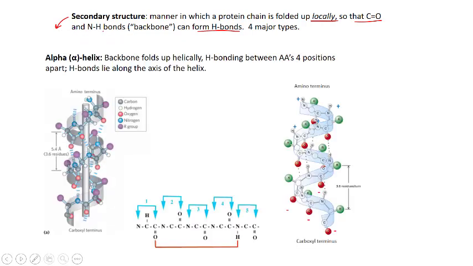All right, let's look at the alpha helix first. The alpha helix is what you get when the backbone folds up helically and the hydrogen bonding is between amino acids 4 positions apart. The way an alpha helix is drawn in a ribbon diagram is like so. I have a hard time drawing these efficiently. Something like this.